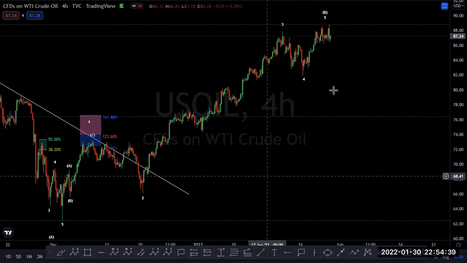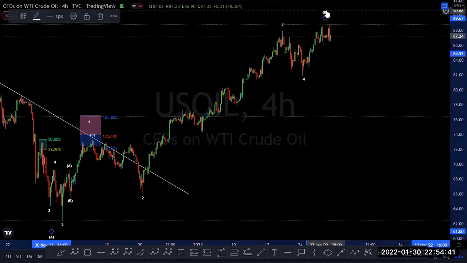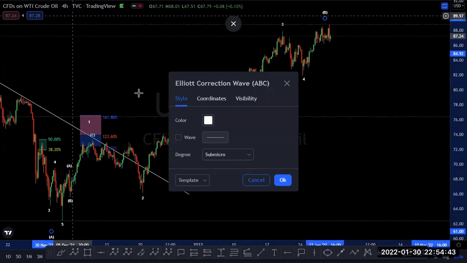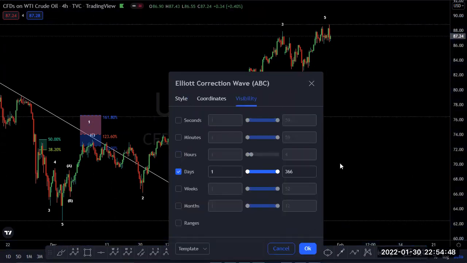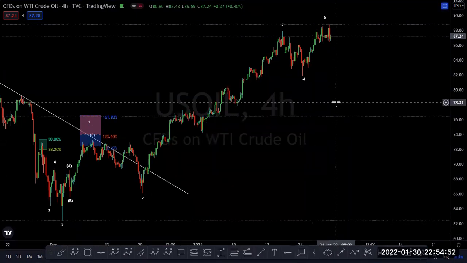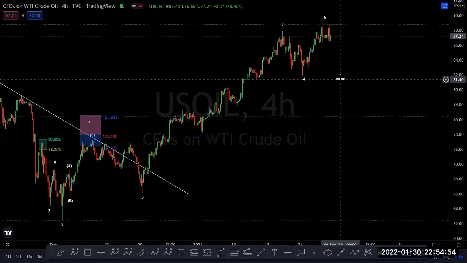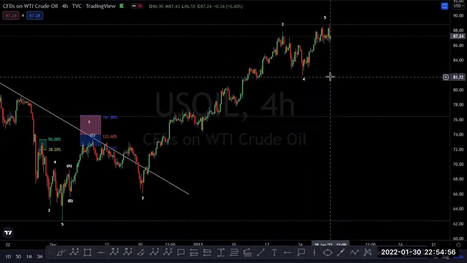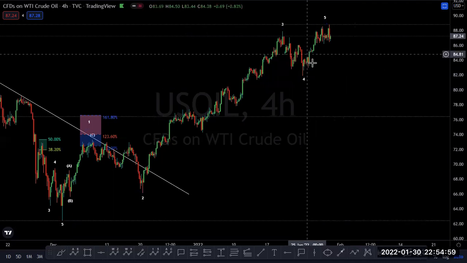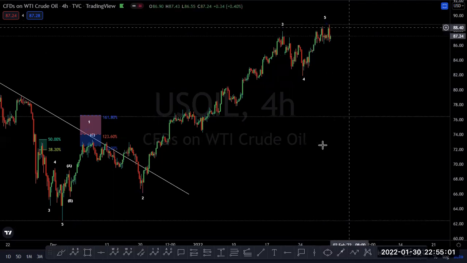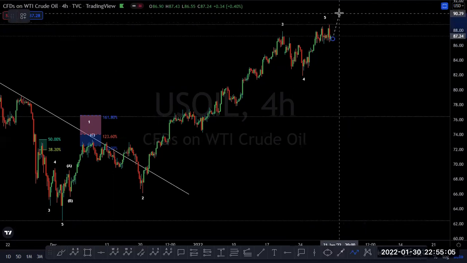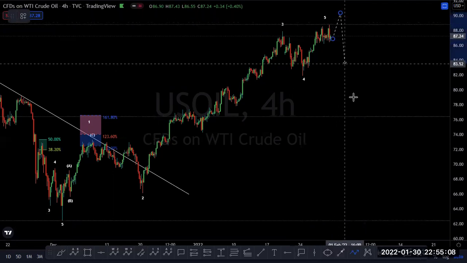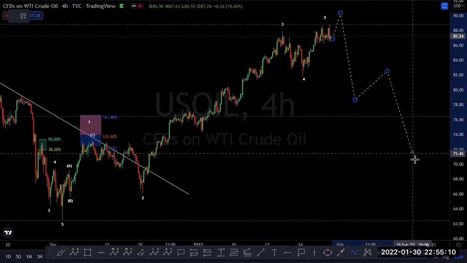So let me first of all hide this from our hourly chart. Okay. So for now, we will likely get another move up, then a big move down.